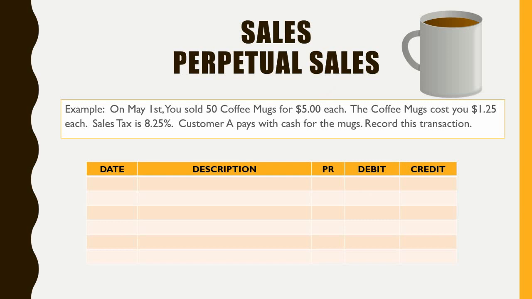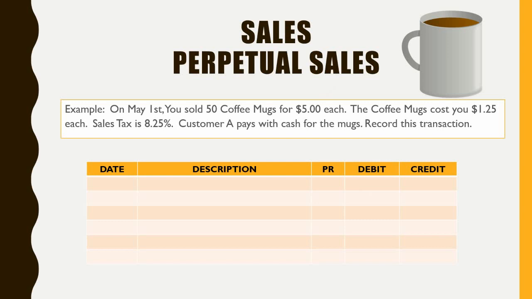That's $250 in the debit, and then... excuse me, no, wrong. $270.63 is the cash total, with the tax.